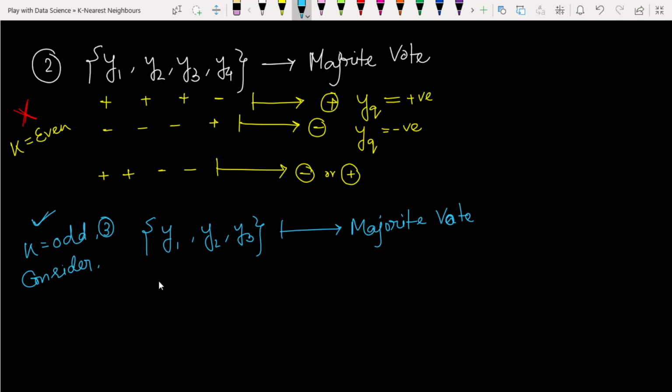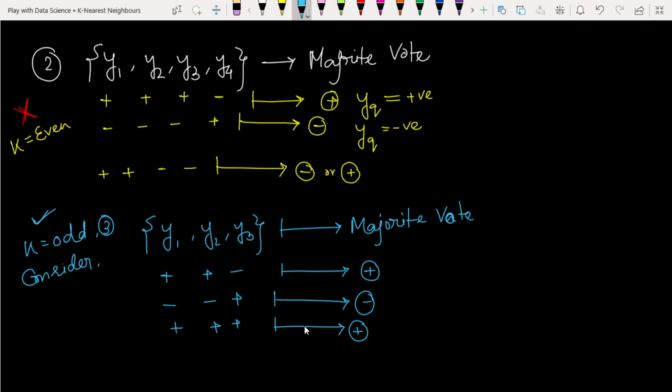If it is positive or negative, then we have no problem, it will be positive. If it is negative, positive, then we also have no problem, it will be negative. If all are positive, then also no problem, this is the trivial case, it will be positive.